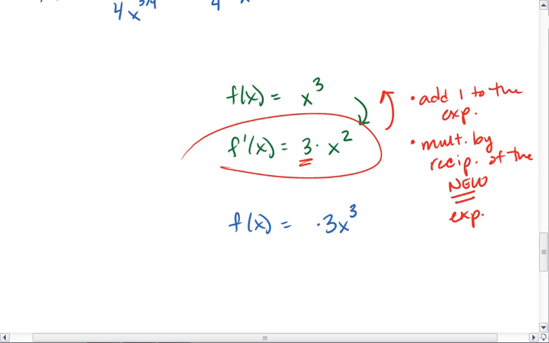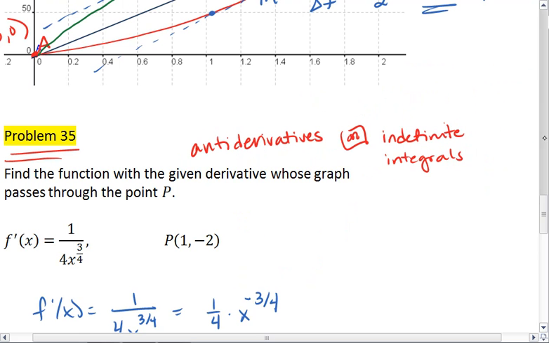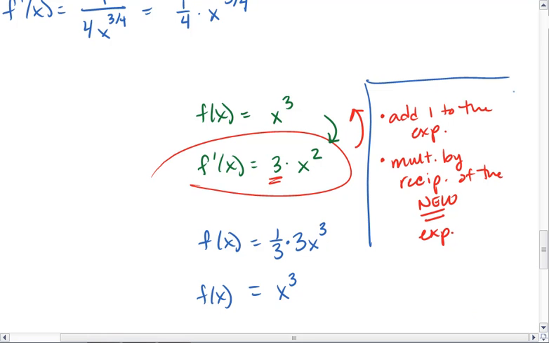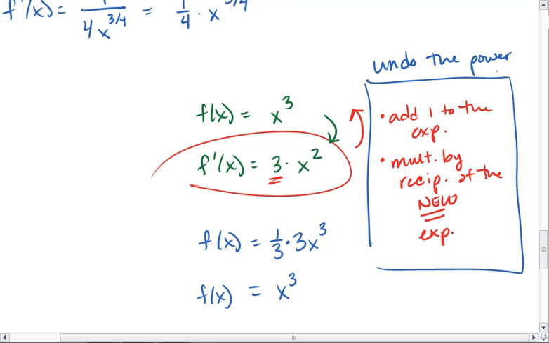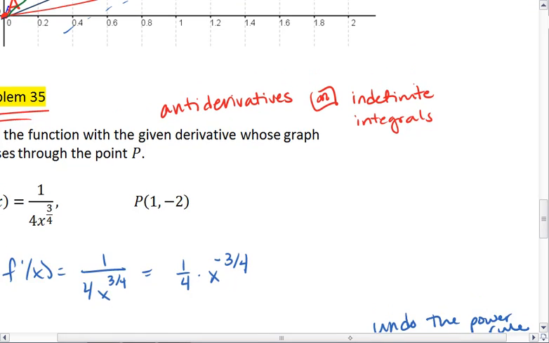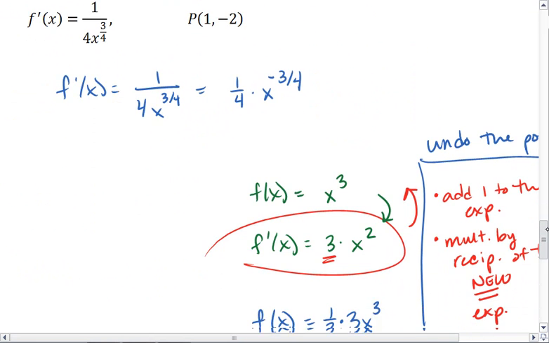We also multiply by the reciprocal of this new exponent, which is the cube, giving us an original function of x cubed. These are the two steps you need to undo the power rule of derivatives. Okay, well, let's apply this then to the function we were given.